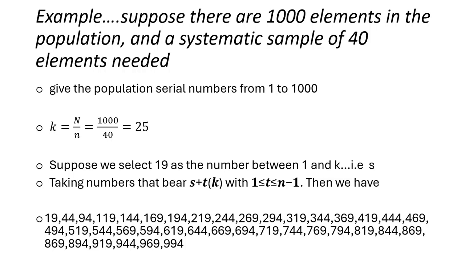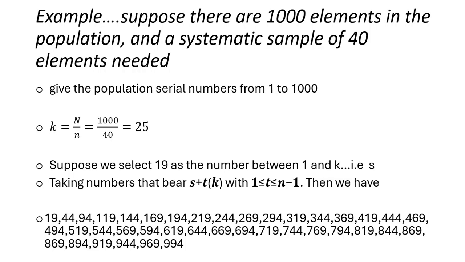We would take the numbers that bear s + t·k, where t goes from 0 up to n − 1. In this case, we substitute s with 19, so it would be 19 + t·25, and our t would in this case be 1 subtract 1, that is 0, times 25, and that gives us 19.